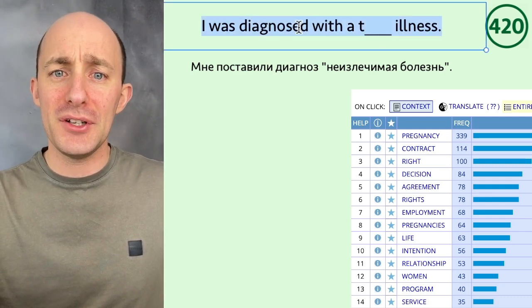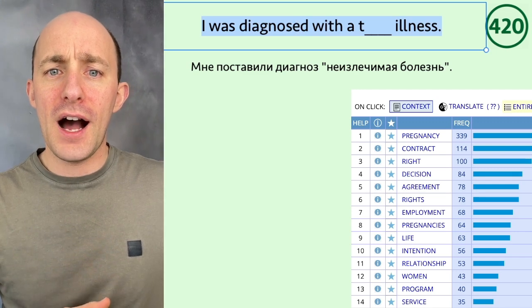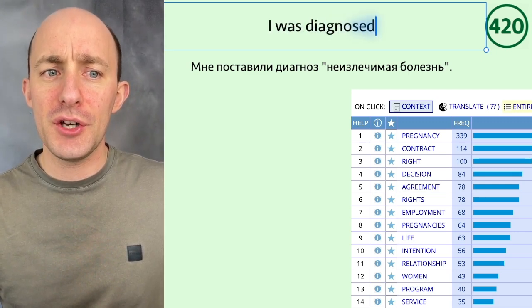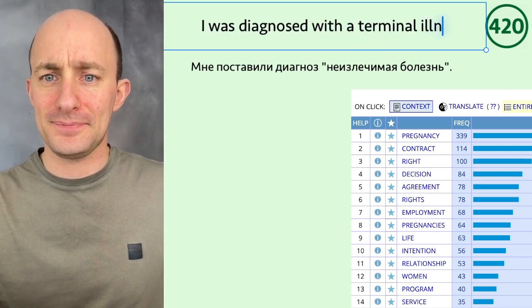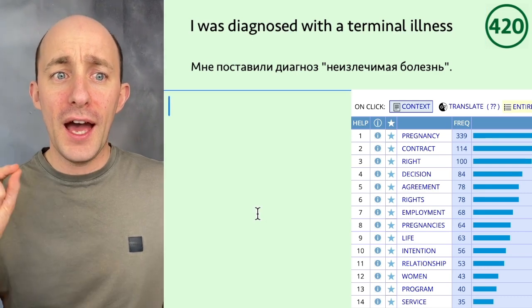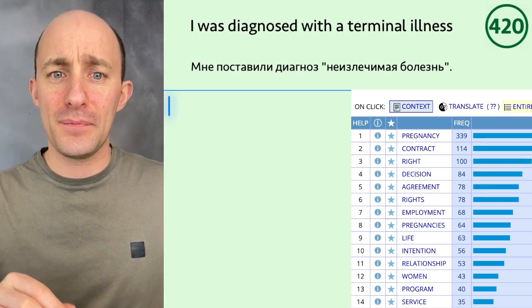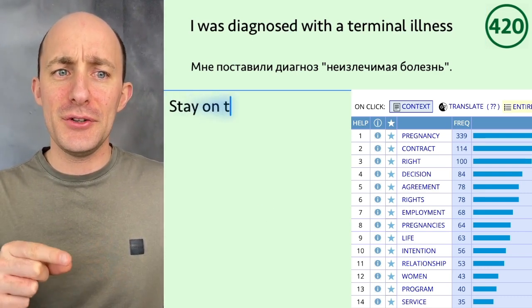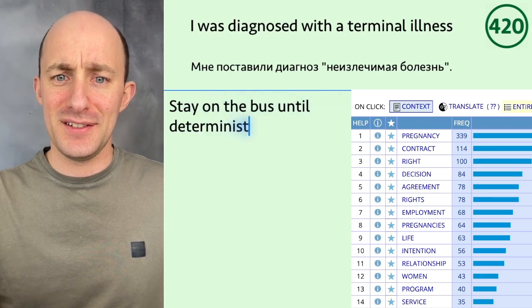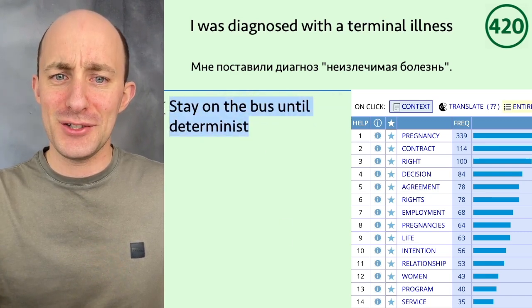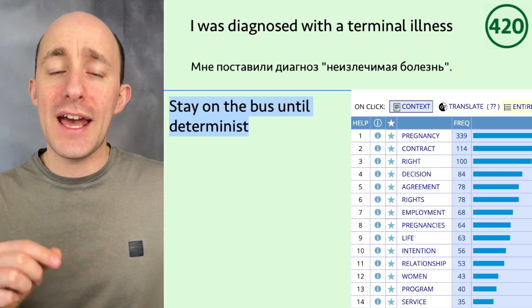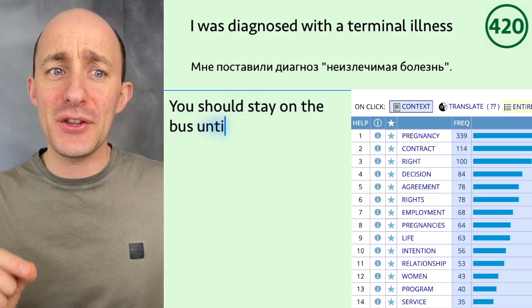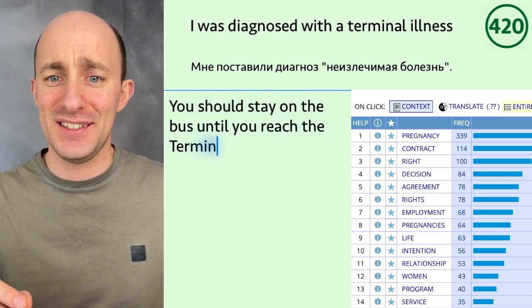That's a terminal illness. I was diagnosed with a terminal illness. Terminal. And also, stay on the bus until the terminus. What? Not determinist. Try again. You should stay on the bus until you reach the terminus.